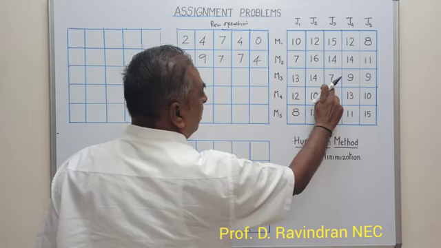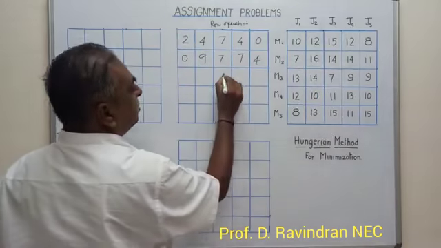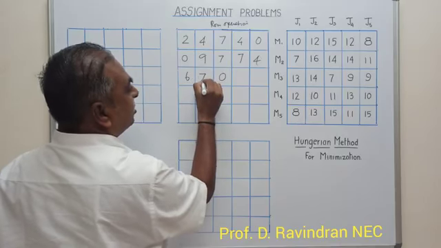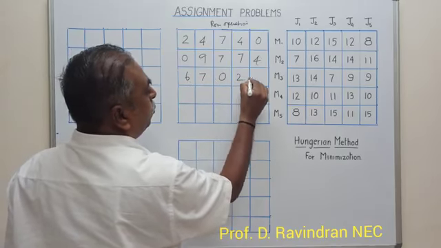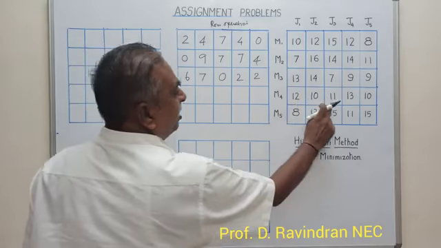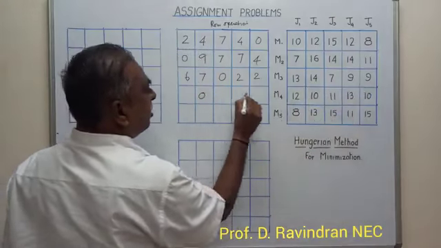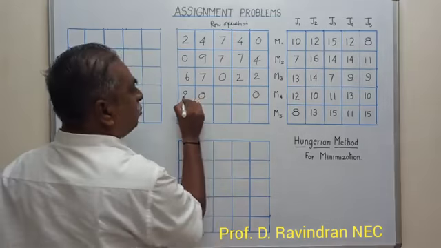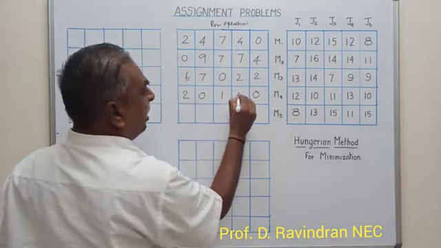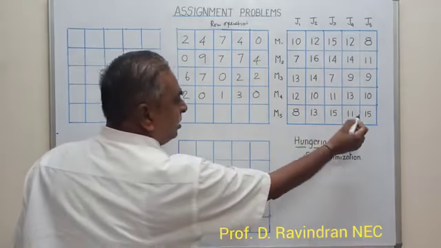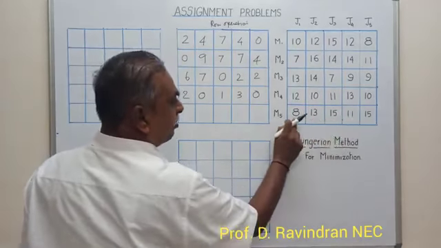Similarly, here the minimum element is 7. So here it is 0. This is 6 and this is 7 and 2 and 2. Here the minimum element is 10. So this will become 0, this will become 2 and this is 1 and this is 3. Now in this one the minimum element is 8.